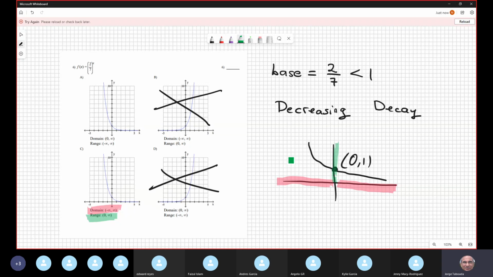So it's obviously option C. Any question? What part is confusing? Clear?